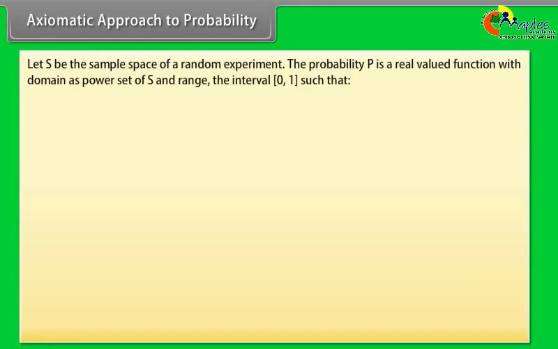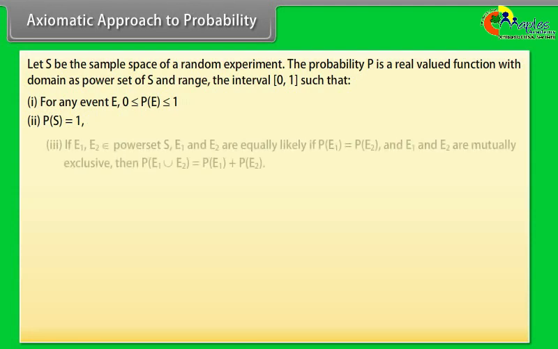Axiomatic approach to probability. Let S be the sample space of a random experiment. The probability P is a real-valued function with domain as power set of S and range the interval [0, 1], such that 1. For any event E, 0 less than or equal to P(E) less than or equal to 1. 2. P(S) is equal to 1.